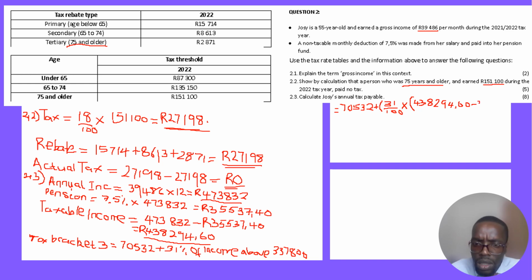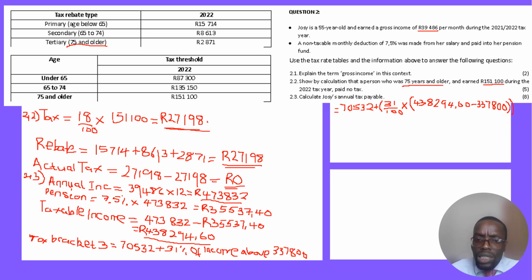Of 337,800. Close the small bracket, close the big bracket.